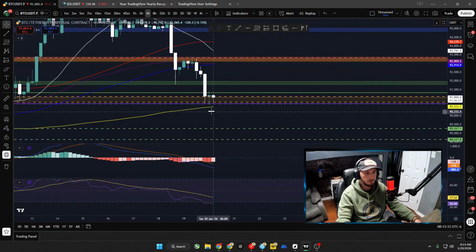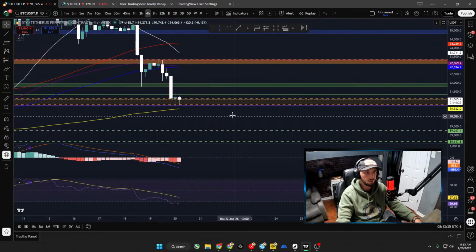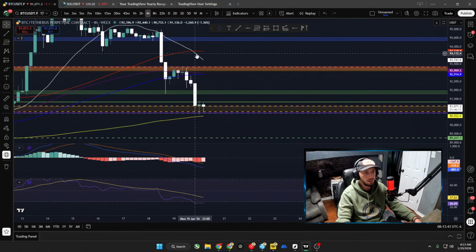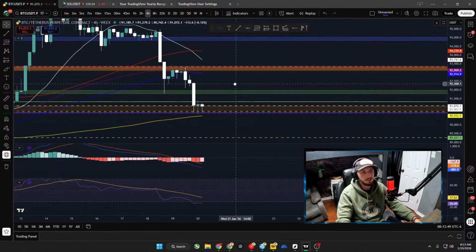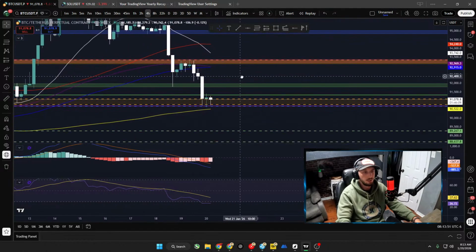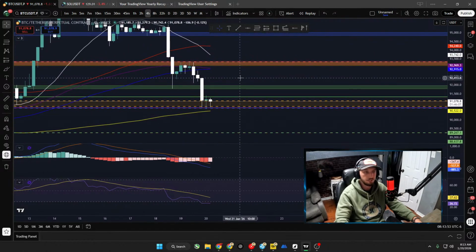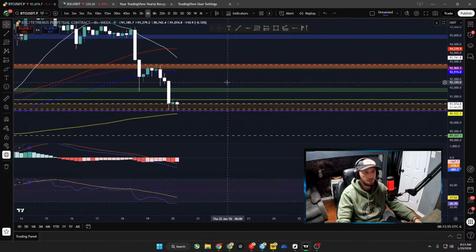The other thing to think about is the 200 is right here. So that is some kind of major resistance right there that we need to break through if we're going to continue the downside. The other thing is we're between the 21 and the 200, so that is a sign of being neutral.